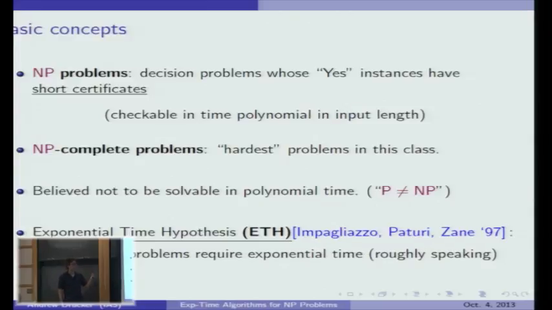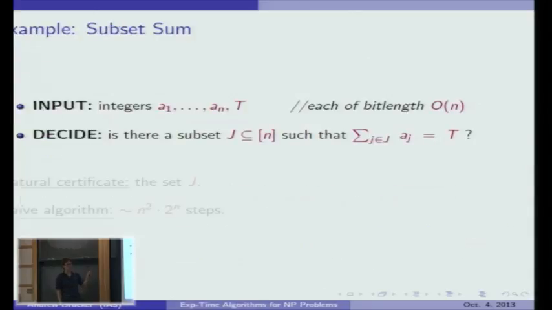OK, so here's an NP problem. In the subset sum problem, we're given a list of integers, a1 through an. For concreteness, let's say they're each of some reasonable bit length, say on the order of n. And we're given some target value t. Our goal is to decide whether there's some subset of these integers summing up to t.